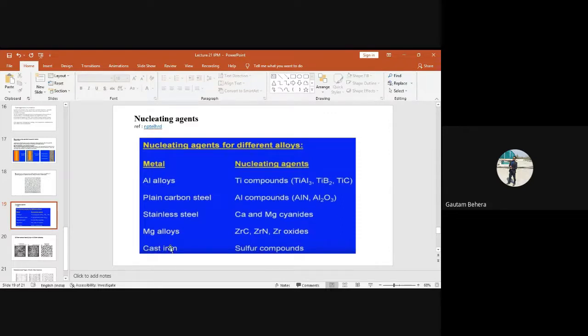For cast iron, we are using sulfur compounds. For example, sometimes we add silicon carbides, or any sulfide, right? For magnesium, we are using this kind of thing. Stainless steel, we are using this kind of thing, right? So these things are added into the molten alloys so that we can obtain a homogeneous structure. Equiaxed structures are homogeneous ones actually. They will give you homogeneous properties.